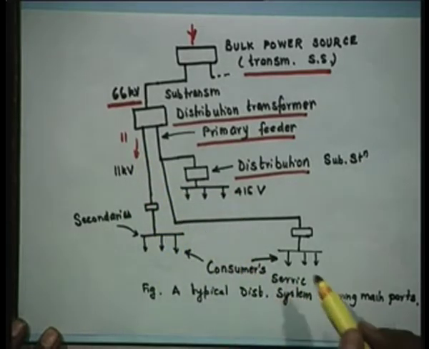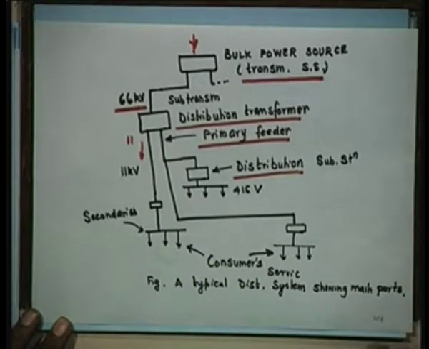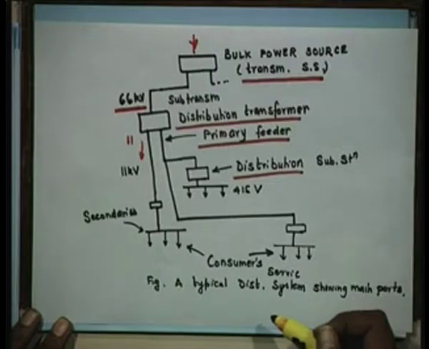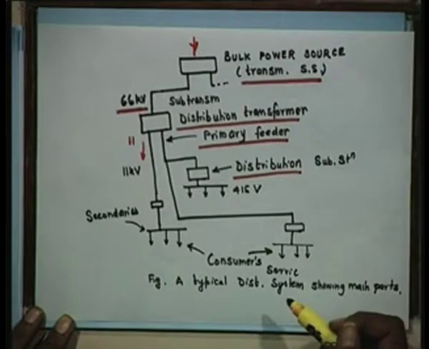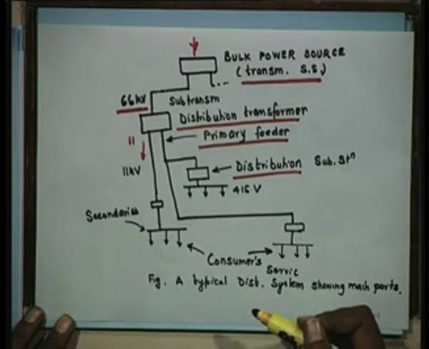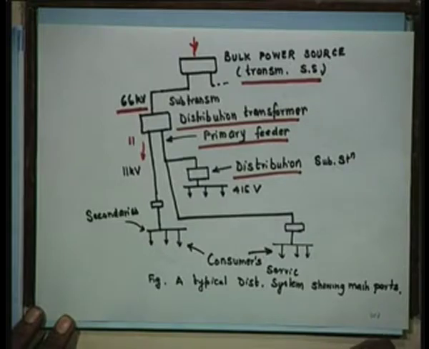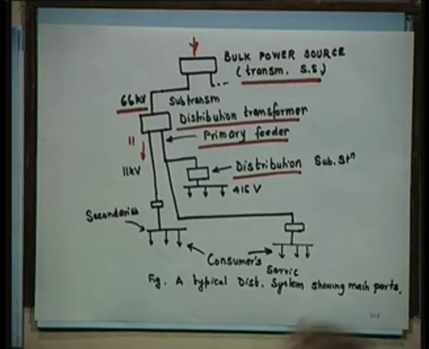These are secondaries, these are consumers. Now these consumers can be domestic, can be commercial, can be small scale industries. If it is a big industry, then 11 kV directly is given to them. So I think this is a self-explanatory diagram, everything is quite crystal clear, and this is what a normal distribution system will look like.